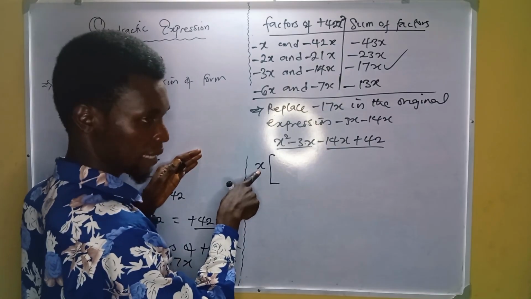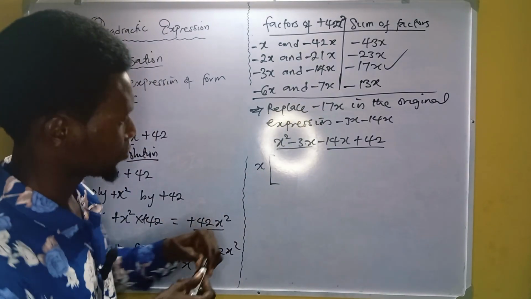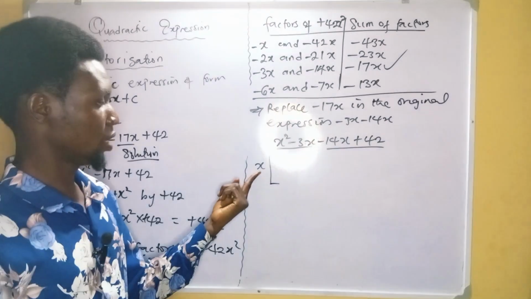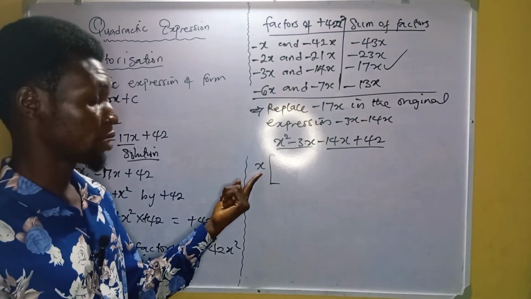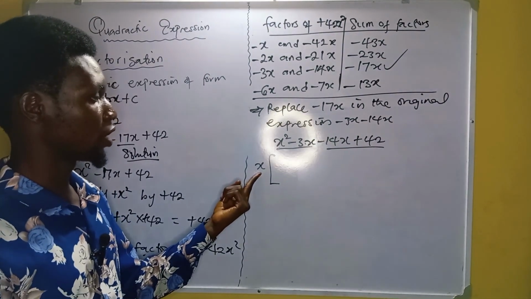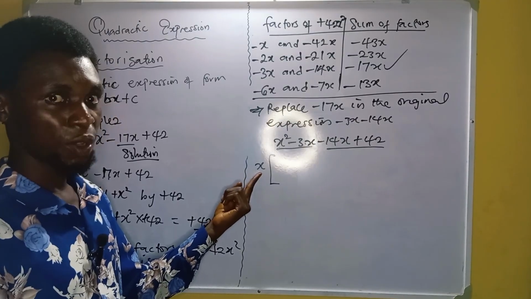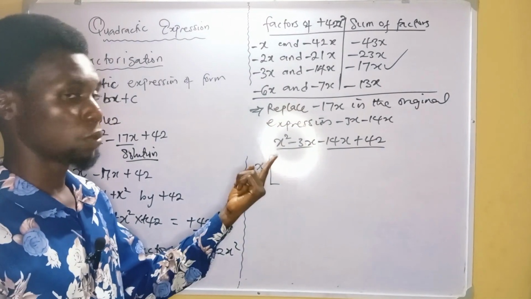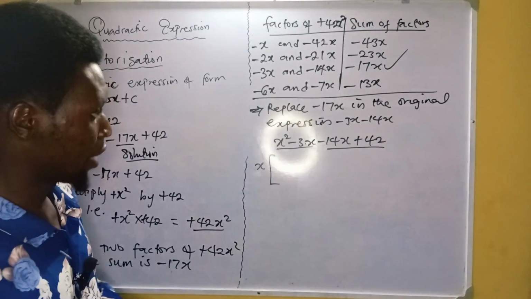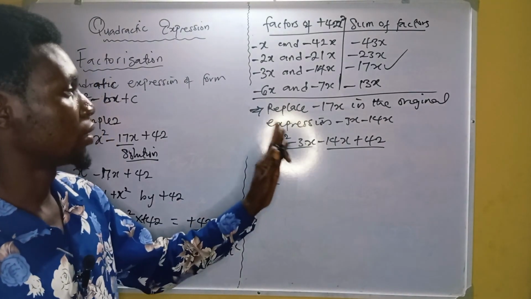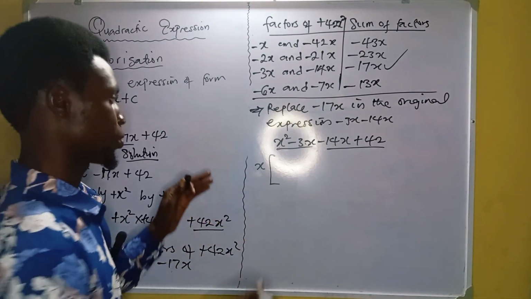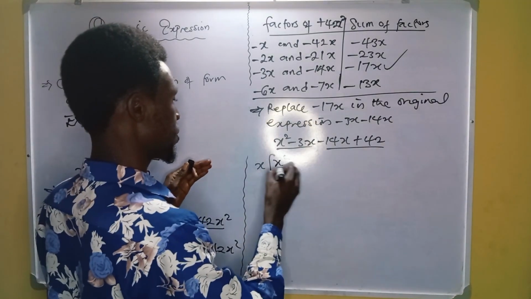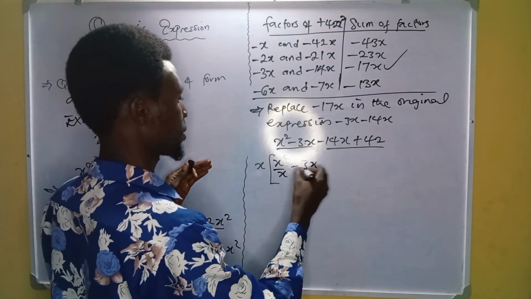Whatever you are bringing out is always the highest common factor of the two terms. So the highest common factor of x squared and minus 3x is x. So you have x squared divided by x, minus 3x divided by x.